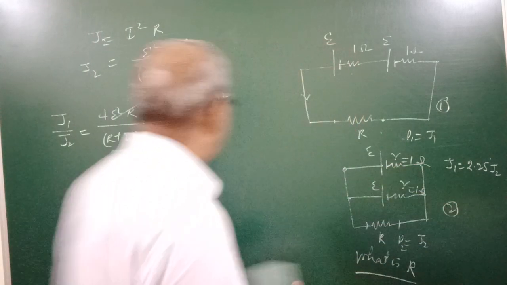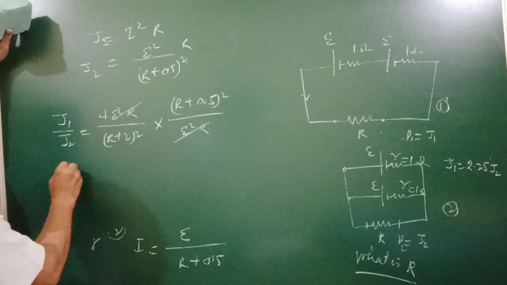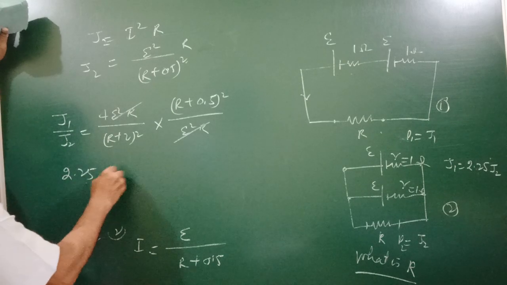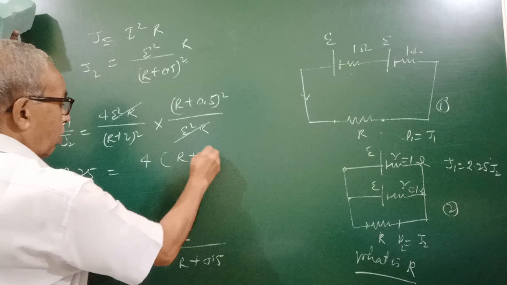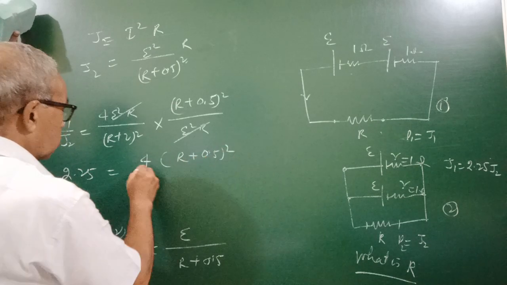J1 upon J2 is 2.25, equal to 4 into R plus 0.5 whole square upon R plus 2 whole square.